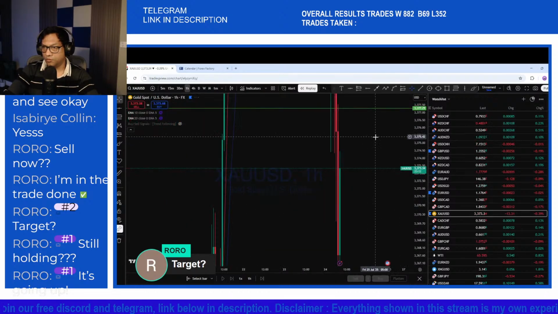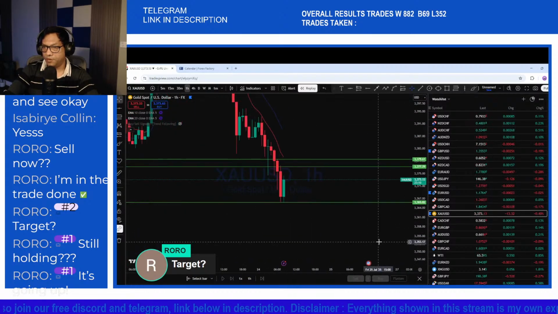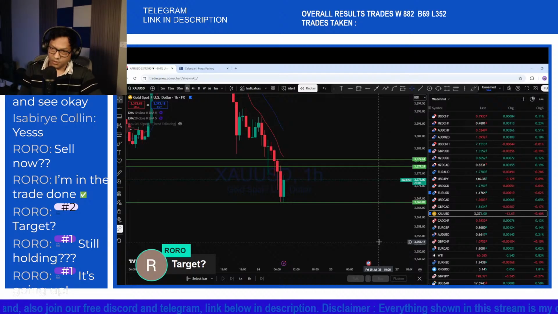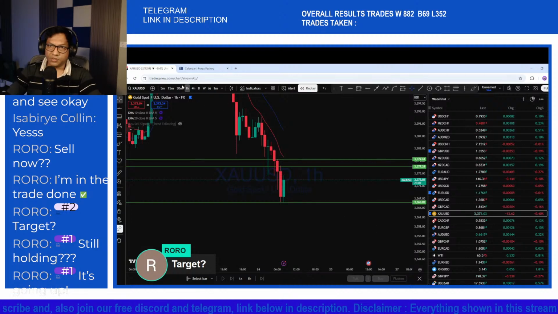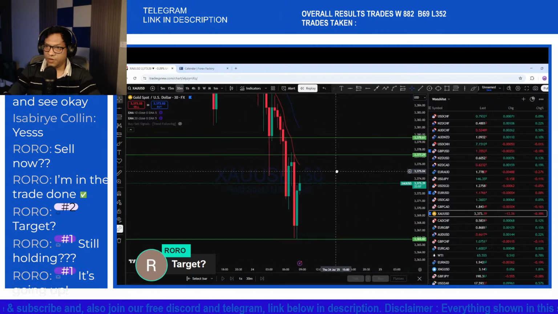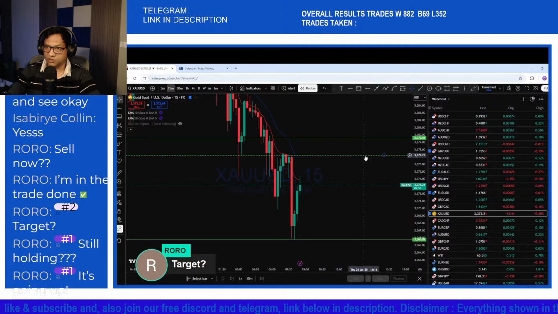The market has got that rejection back to the upside here, and that rejection may lead the price to go back to the session's high.